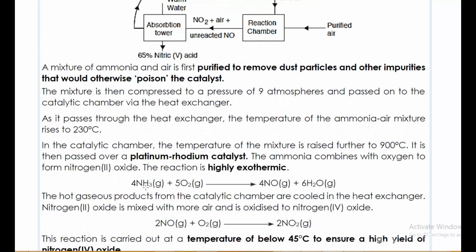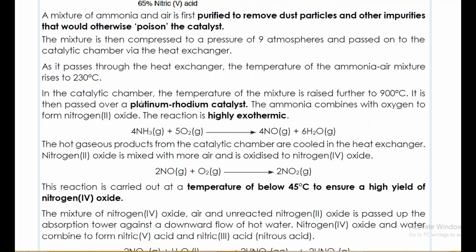I told you what you should know in any process: the raw materials, the temperatures, the pressure, the catalyst, and the impurities which are removed. So here, the catalyst used in the Ostwald process, the industrial manufacture of nitric acid, is called the platinum rhodium catalyst.